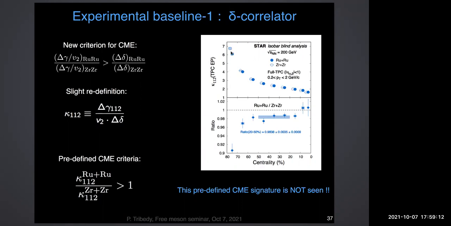Kappa, solid circle is ruthenium, open circle is zirconium, plotted as a function of centrality. That's the upper panel. Lower panel is the ratio, compared to 1. Here also you see this ratio is below 1, right? So this predefinition that we had, with good significance, we see that is also not observed in ruthenium over zirconium. So the predefined criteria for CME in this observable is also not seen.